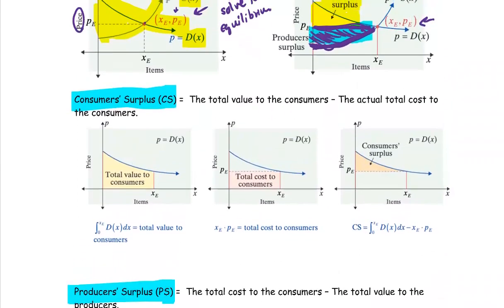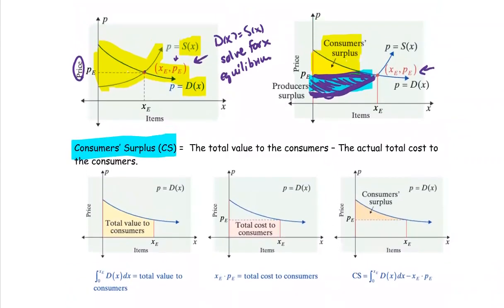The setup for the consumer surplus, as you see, is the above part of the entire bounded area. That means for the whole thing, the value that the consumers are willing to pay, subtracted by the cost that they actually pay. When you subtract the yellow part and the blue part here, that becomes the additional one, the consumer surplus.